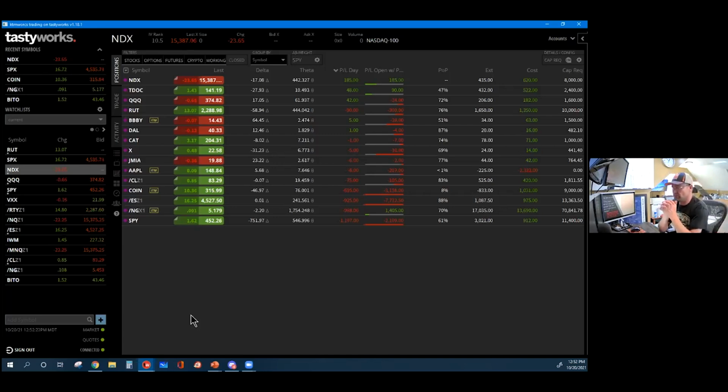Part of that is the word diversification, and we've talked about this as well, that diversification can mean many things. Diversification is not just spreading your money around a bunch of trades, although that's part of it.